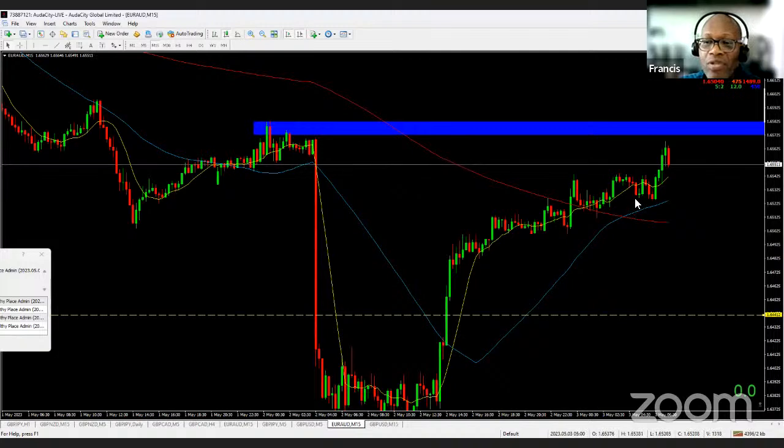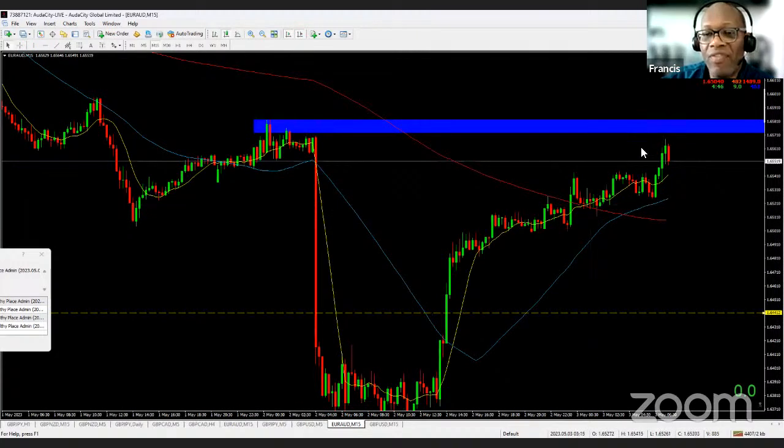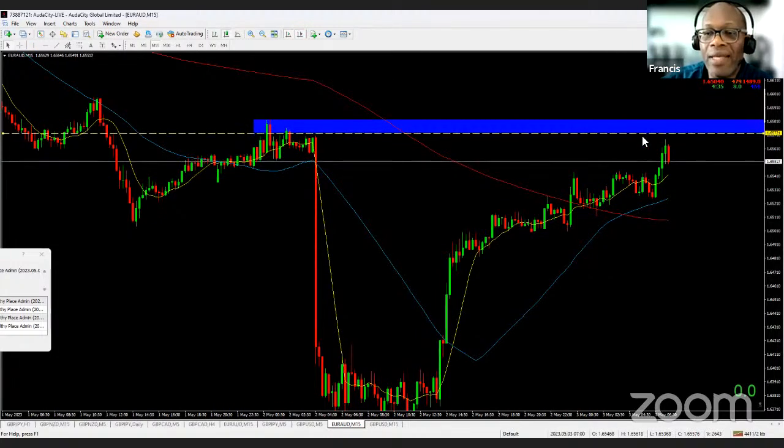If it was like here, so basically talking about recent highs and lows being broken, you also have to consider some things. If it was here, I would take it because I have some room for it to move. If it was bang on here, like the trade we entered, that was more or less like here. It was very close to the high. It had not quite broken it, but it was very close to it.